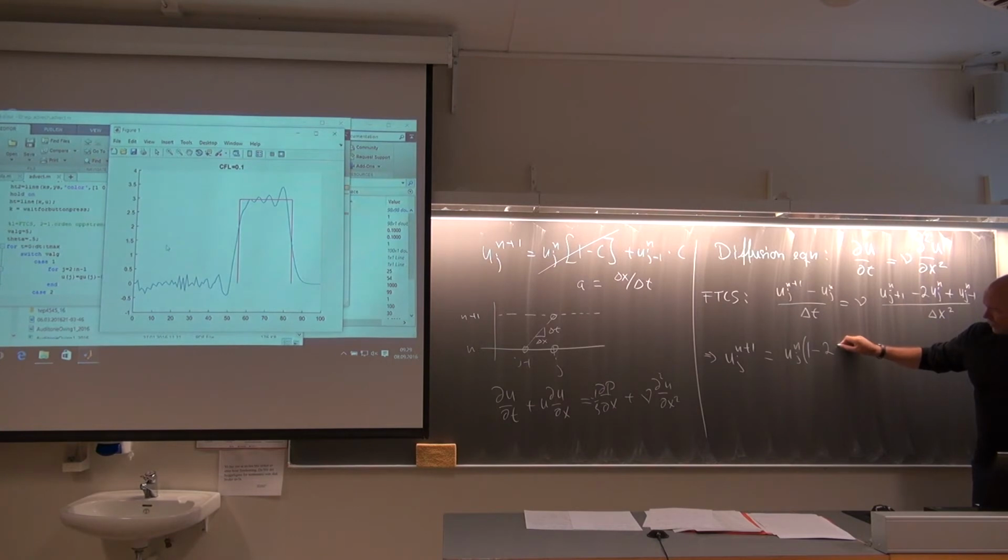I call that one small r. And I get the same for these two guys as well, so that will be r multiplied with u_{j+1} and u_{j-1}, where r equals delta t viscosity over delta x squared.